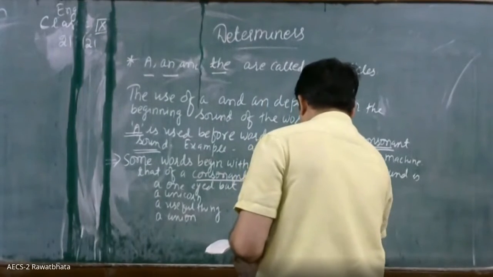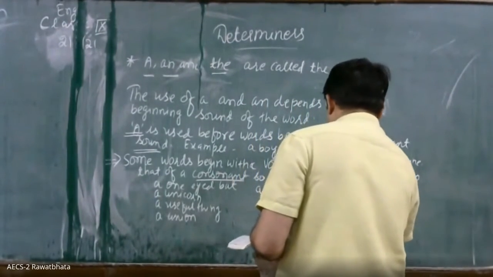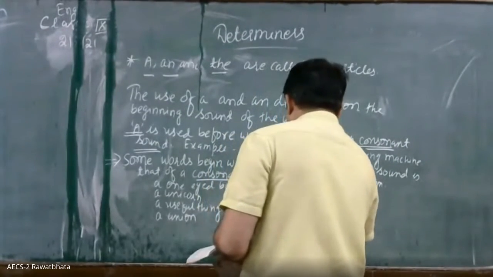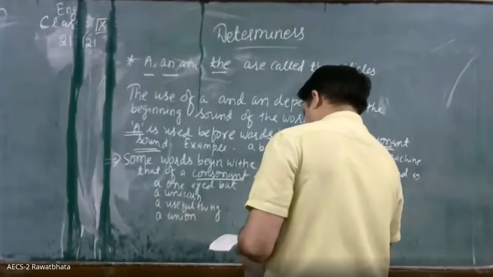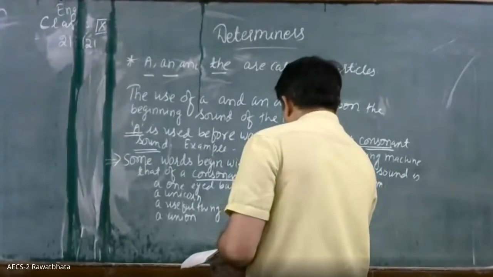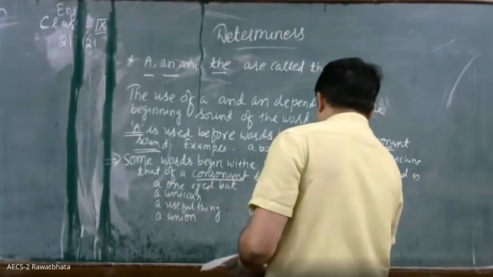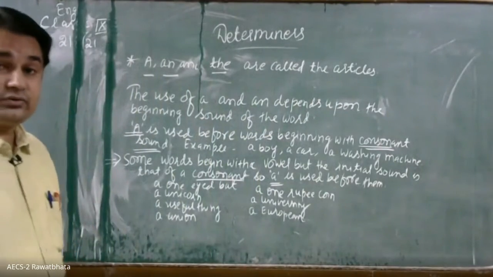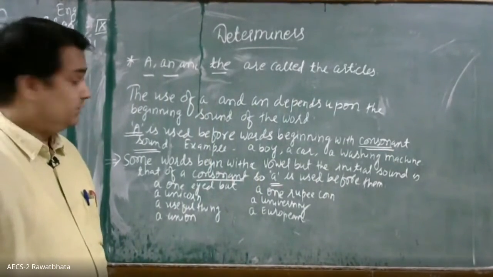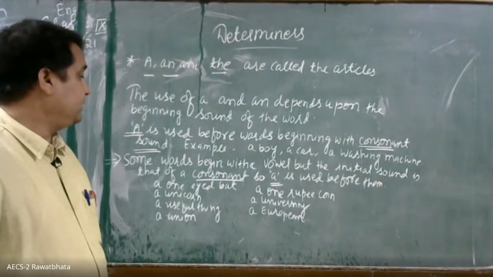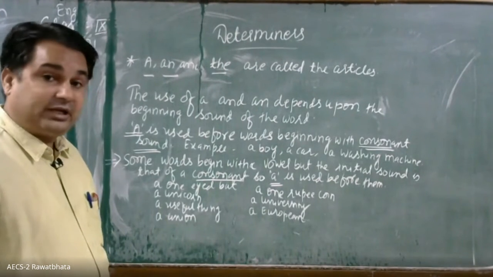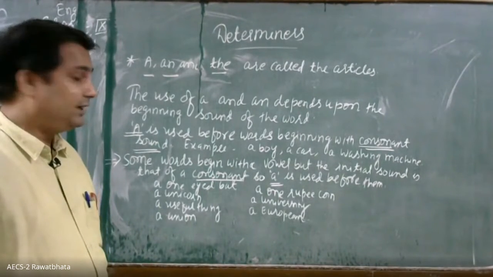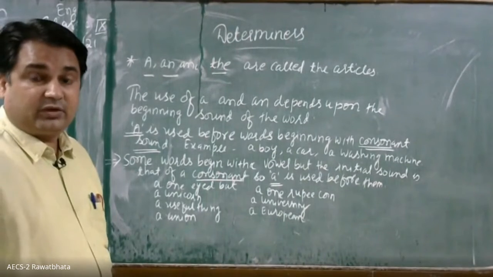A one rupee coin, a university, a European. So where the U sound remains, you have to use a before them.